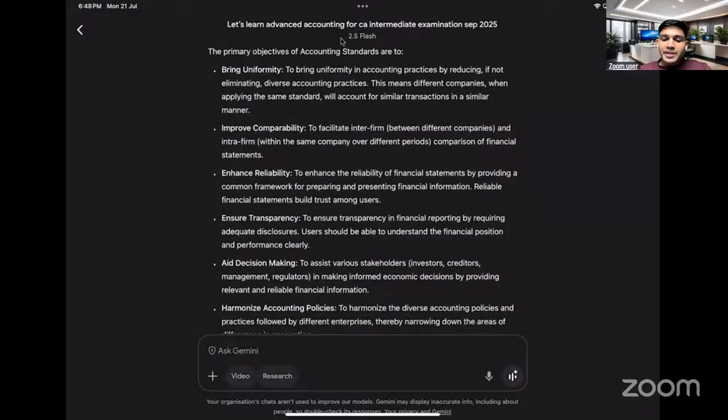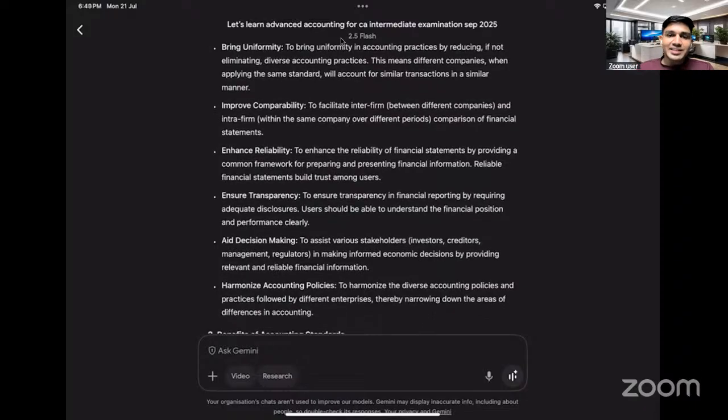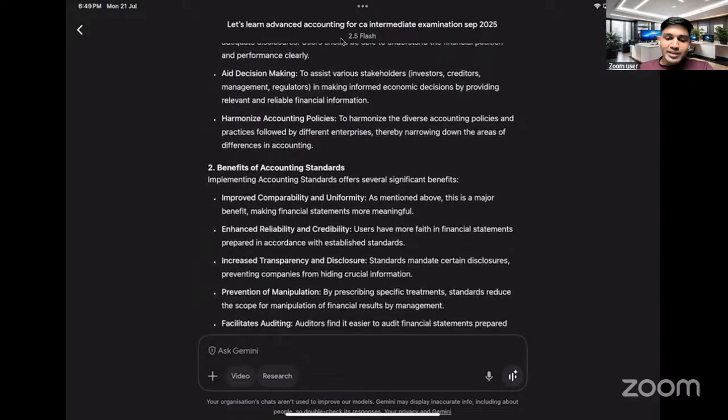Improve comparability, to facilitate inter-firm comparison between different companies and intra-firm comparison within the same company over different periods. Then enhance reliability, by providing a common framework for preparing and presenting financial information. Reliable financial statements build trust among users.